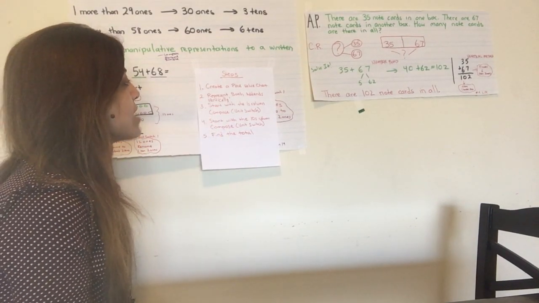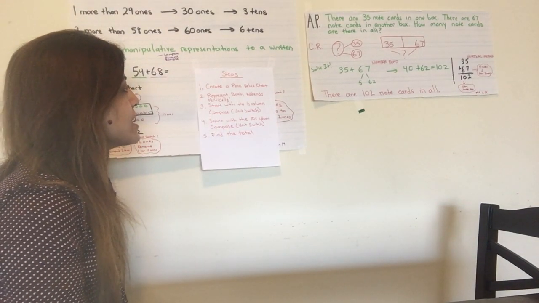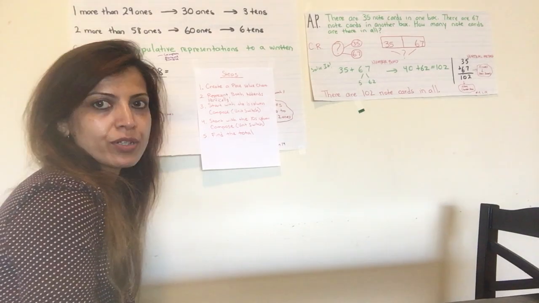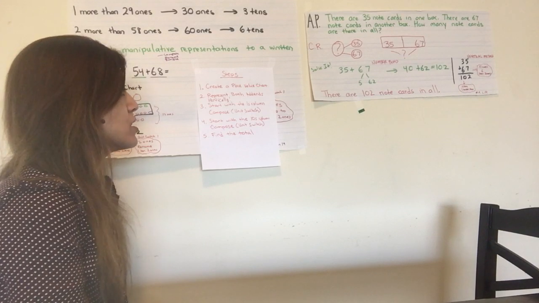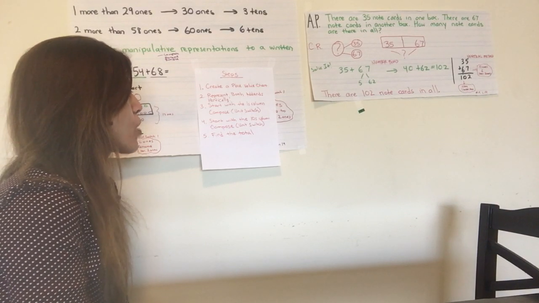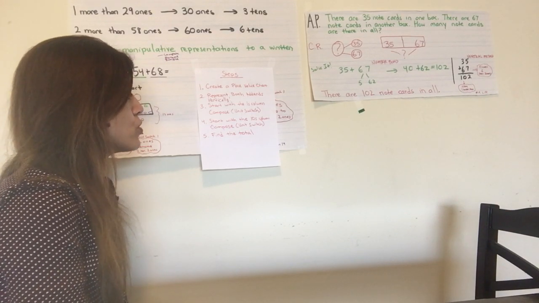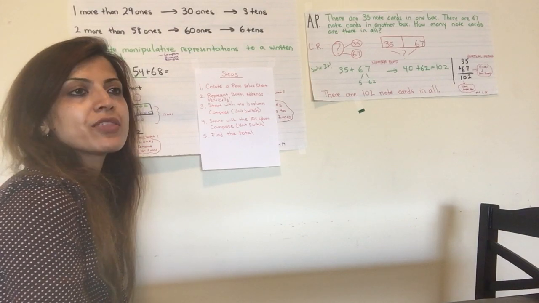So basically what you do is you create a place value chart. The new step that we are going to include today is represent both add-ins vertically. Start with the ones column, conduct a unit switch if necessary, start with the tens column, compose a unit switch if necessary, find the total.